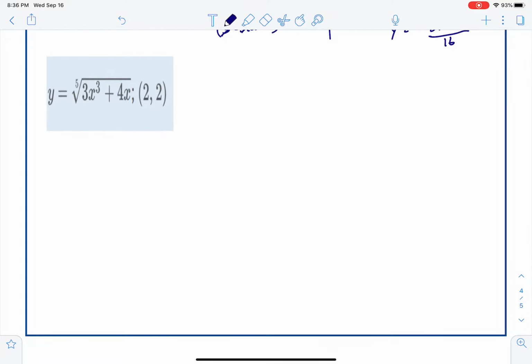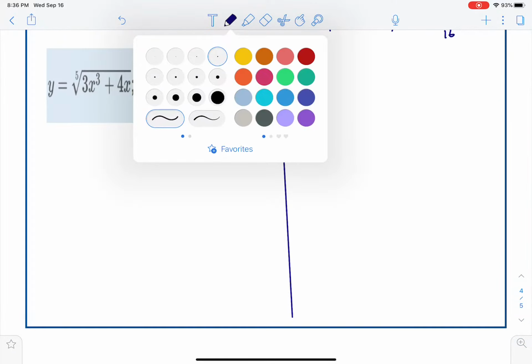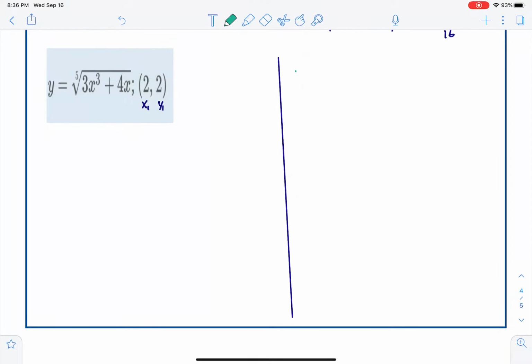Here is a problem that follows a similar approach. We have x1, y1. x1 is 2, y1 is 2. So the equation of the line is y minus y1 equals m times x minus x1.